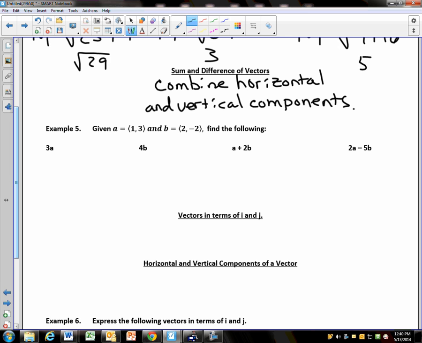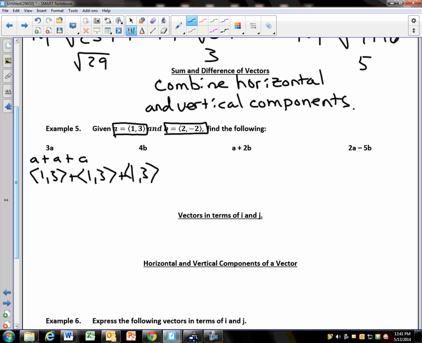We looked at graphically how to add and subtract vectors. You saw how we did it by drawing. Now let's do it algebraically or numerically. All you need to do is combine horizontal and vertical components of the vector. So given A is the vector 1, 3 and B is the vector 2, negative 2, find the following. 3A would be A plus A plus A, which is 1, 3 plus 1, 3 plus 1, 3.